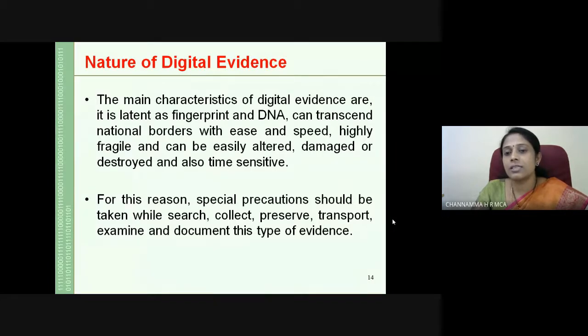In the cyber crime investigation process, we have to take care of this fragile digital evidence very carefully. We have to handle it very carefully so that it does not get altered. Digital evidence or any digital data can easily be altered, right? If you open the file, it automatically changes its modified date.